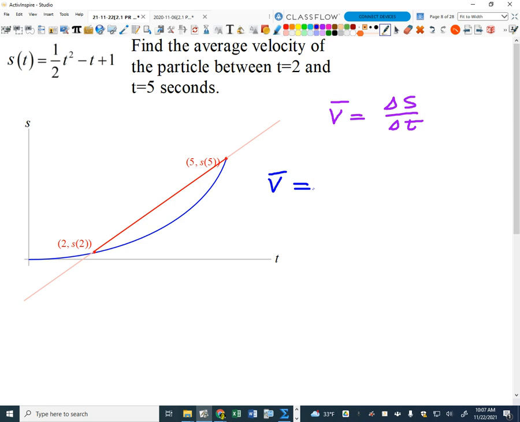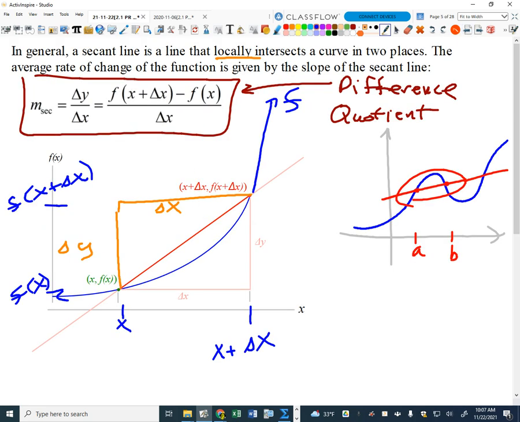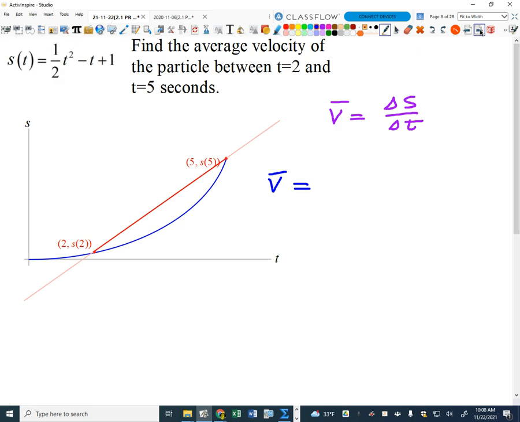We're jumping back to this idea: change in the output over change in the input, right? But this time, instead of the function being called f and the inputs being x's, the function is called s and the inputs are t's. So what's going to go on top of the difference quotient then?